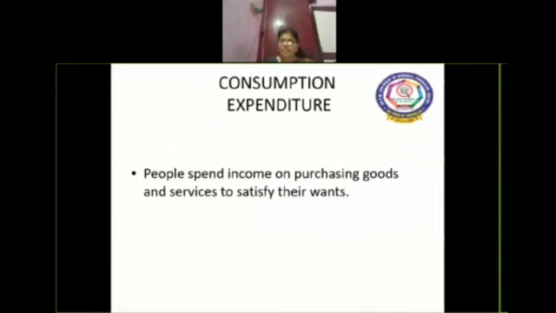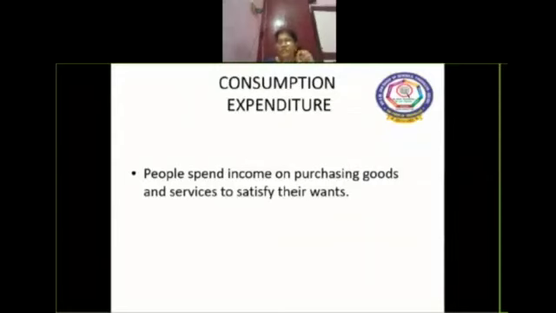Now, consumption expenditure. People spend income mostly on purchasing some goods and services, especially for their family members to satisfy their wants. So this is called consumption expenditure. For example, your father may spend his salary, isn't it?